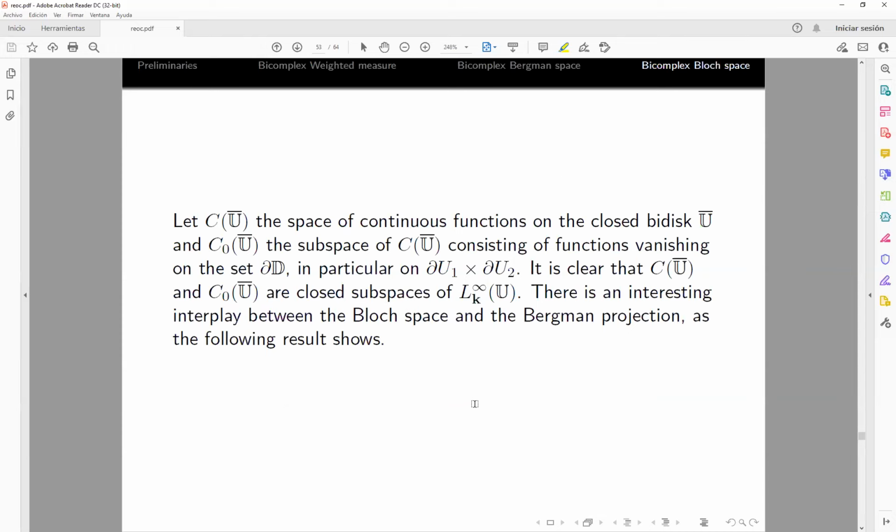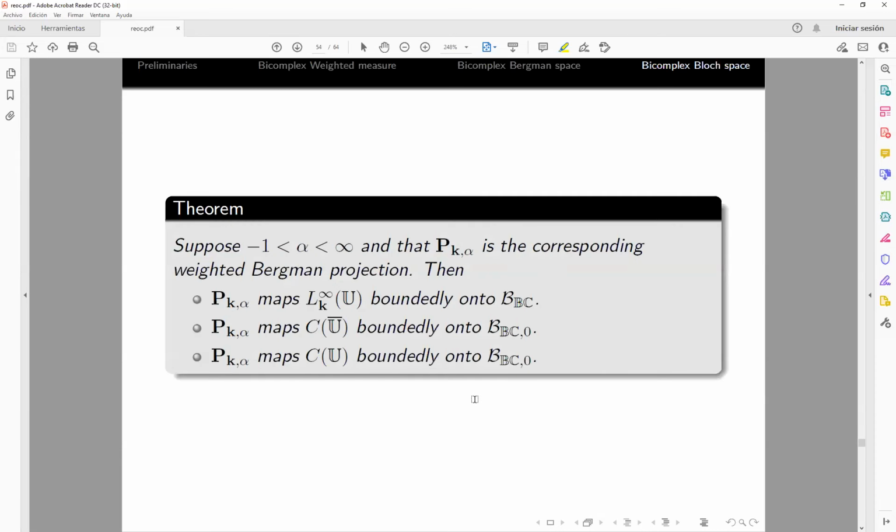I have only 1 minute, and I will present the last result. If alpha is greater than -1 and P alpha is the corresponding weighted Bergman projection, we can map with the Bergman projection all the space L infinity of the bidisk onto the Bloch space.